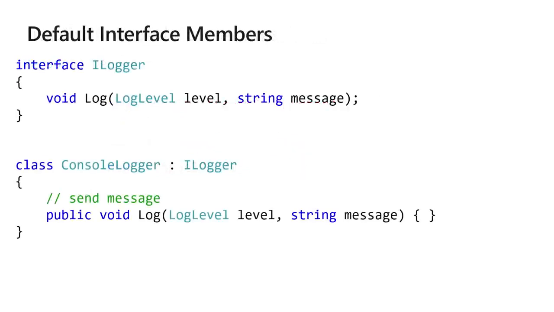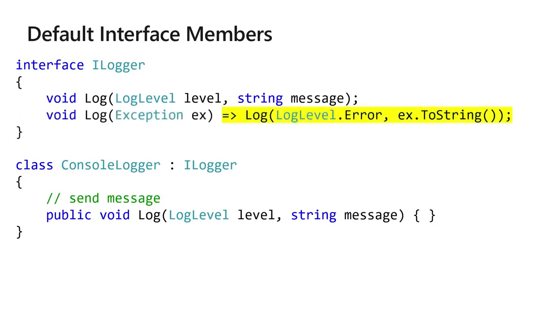And then finally, default interface members are a feature that helps make it easier to evolve interfaces. Once you've published an interface, you're already locked in, because if you add another member to it, your implementers will break.